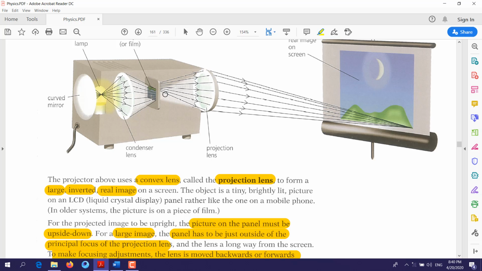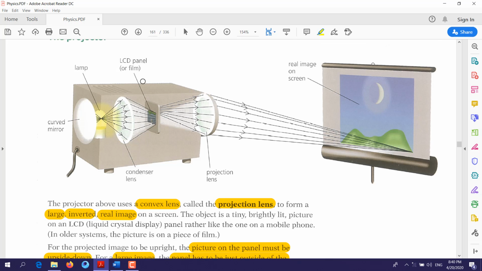The LCD panel represents the object. To make the image larger, where will we put the object? We will put it outside the principal focus.